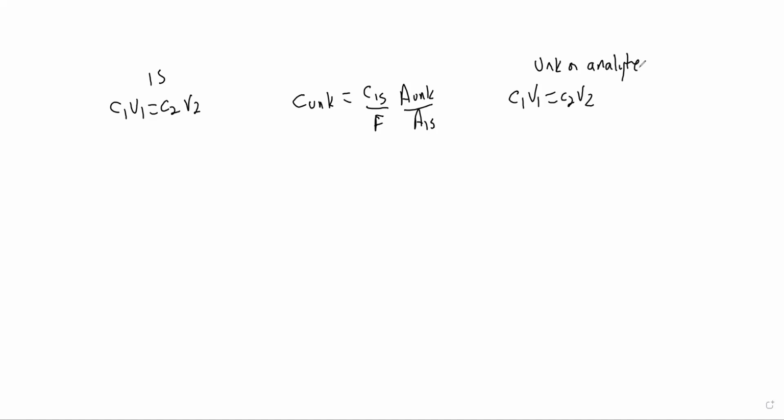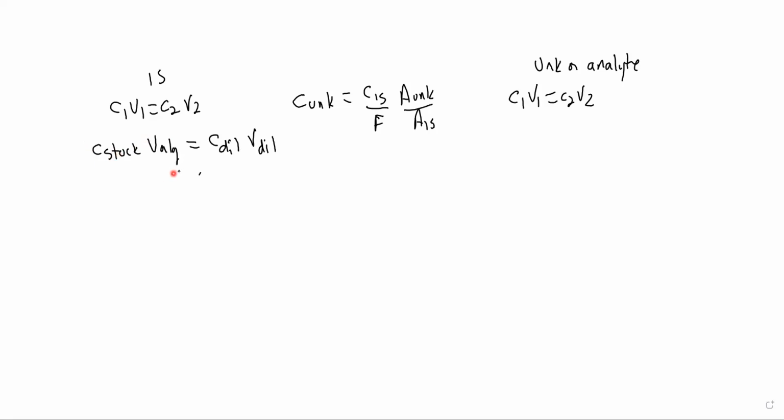When we look at C1V1 equals C2V2, what we're talking about is the concentration of the stock times the volume of the aliquot is equal to the concentration in the dilution times the volume of the dilution. In the case of the internal standard, the concentration of the stock will be given.